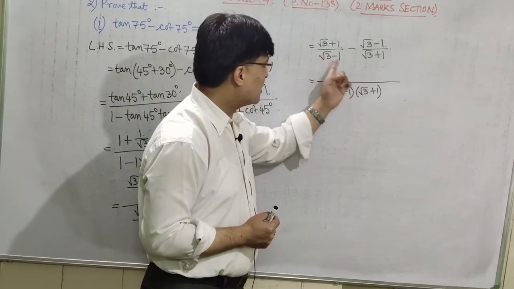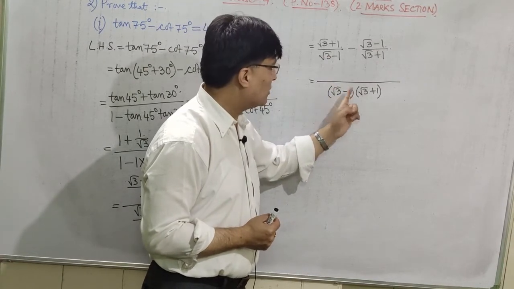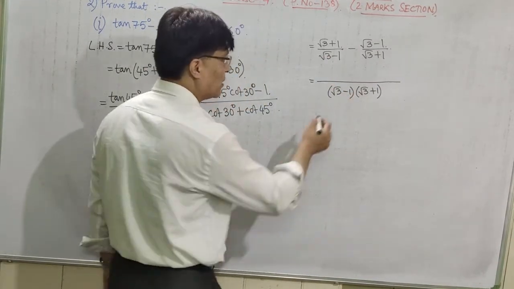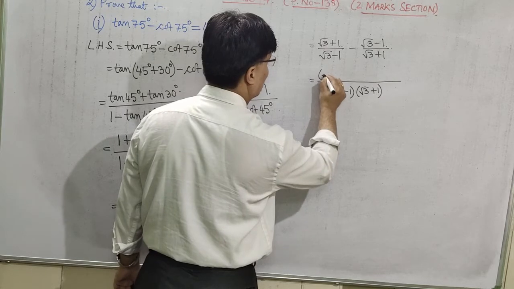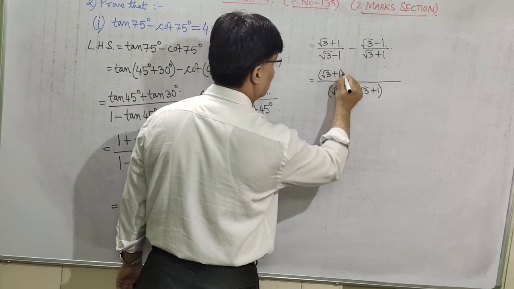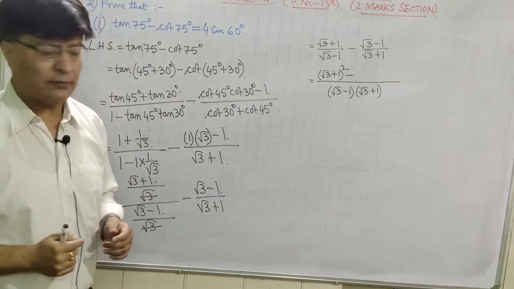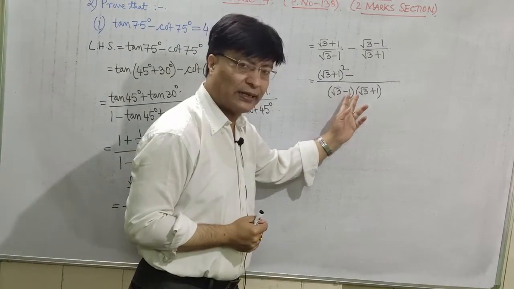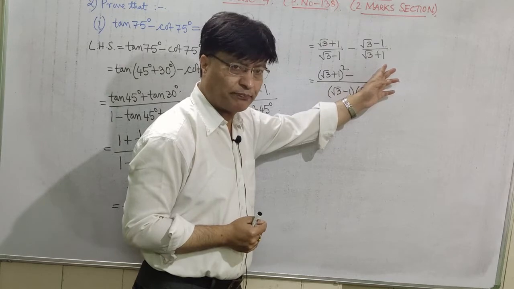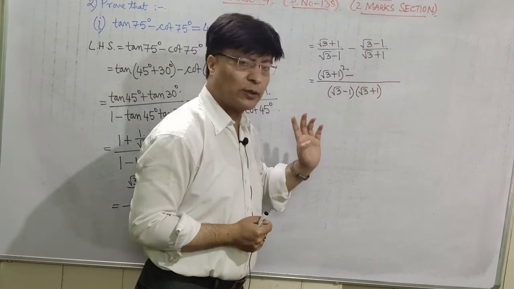This LCM is divided by root 3 minus 1, so root 3 minus 1 will be cancelled. You will get root 3 plus 1, so root 3 plus 1 into root 3 plus 1, that is root 3 plus 1 whole square, minus. Similarly, what is the second term? Again, this LCM is divided by root 3 plus 1, so root 3 plus 1 will be cancelled.